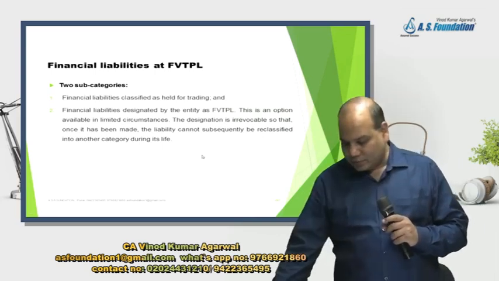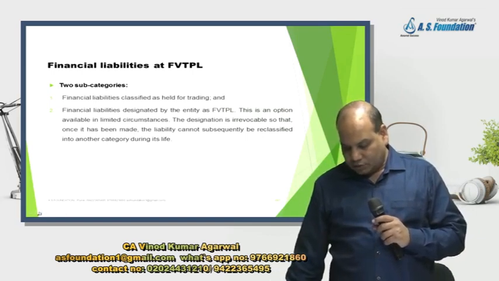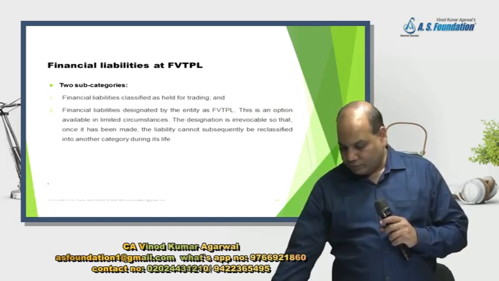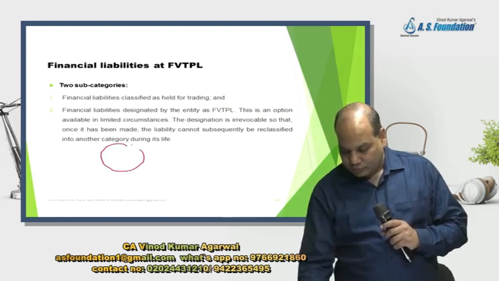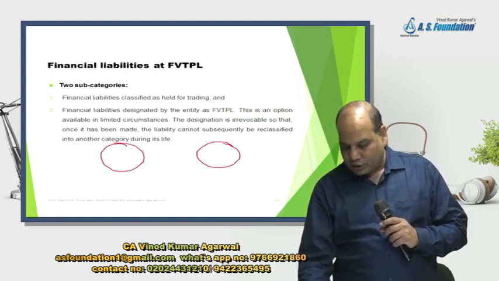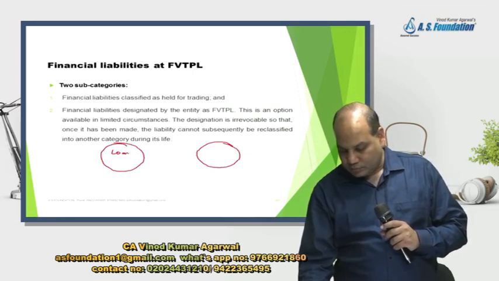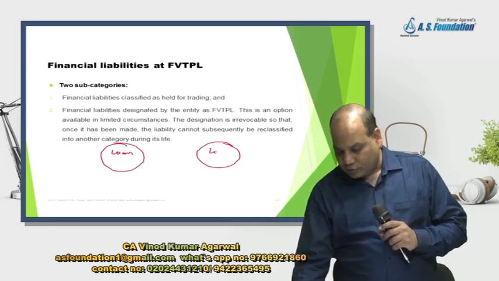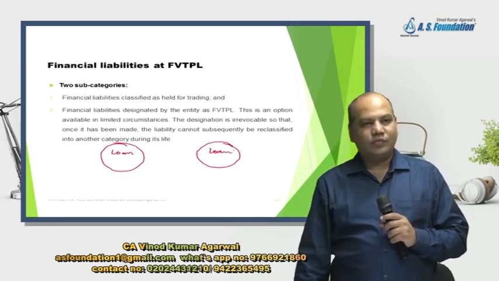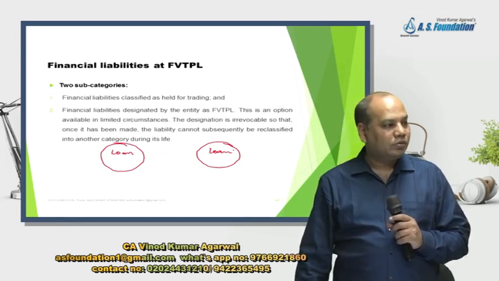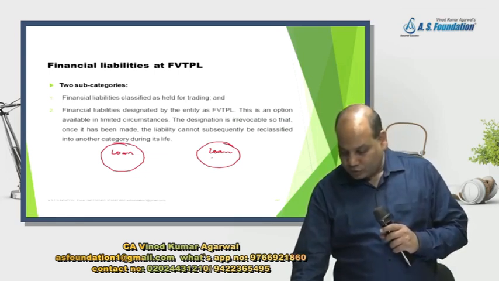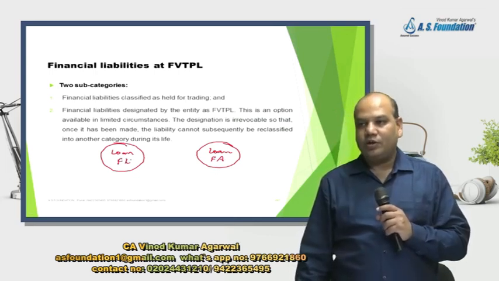A simple example which I will give right now. Suppose you are a company, you take loan and you give loan. You take loan, give loan. This loan is your financial asset, this loan is your financial liability.